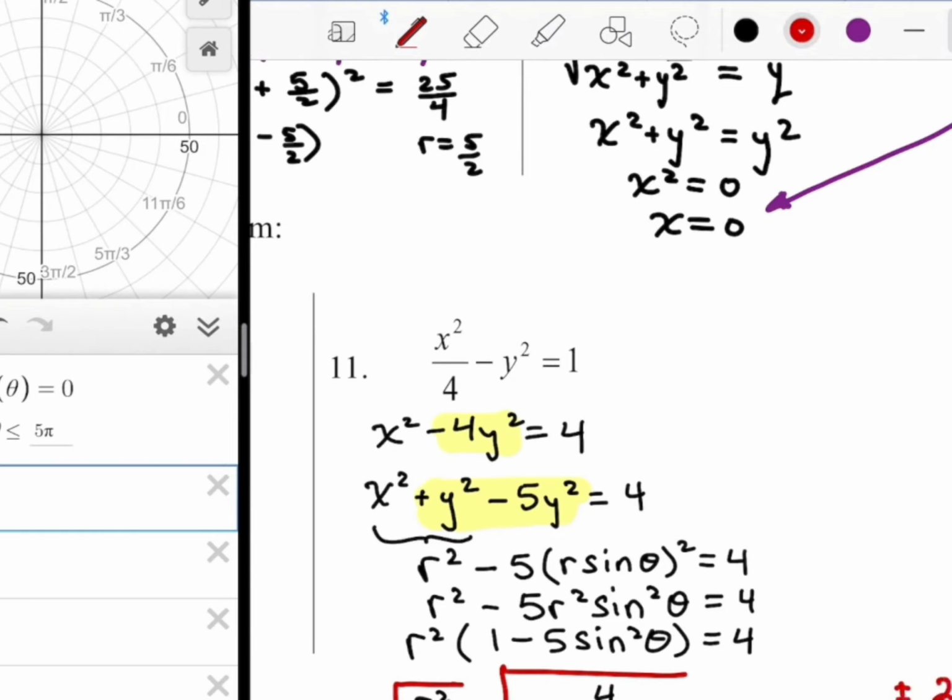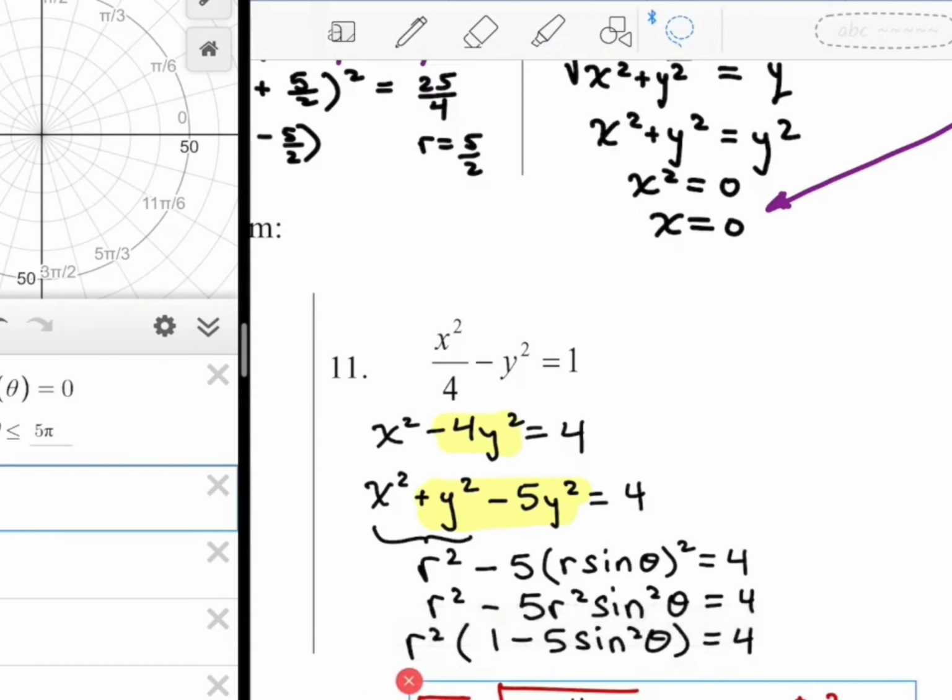And so we'd be looking at r is equal to plus or minus 2 over the square root of 1 minus 5 sine squared theta. Nothing wrong with having a radical in the bottom of a fraction. Whoever told you that was not allowed was a liar. So that's one way of representing your answer.